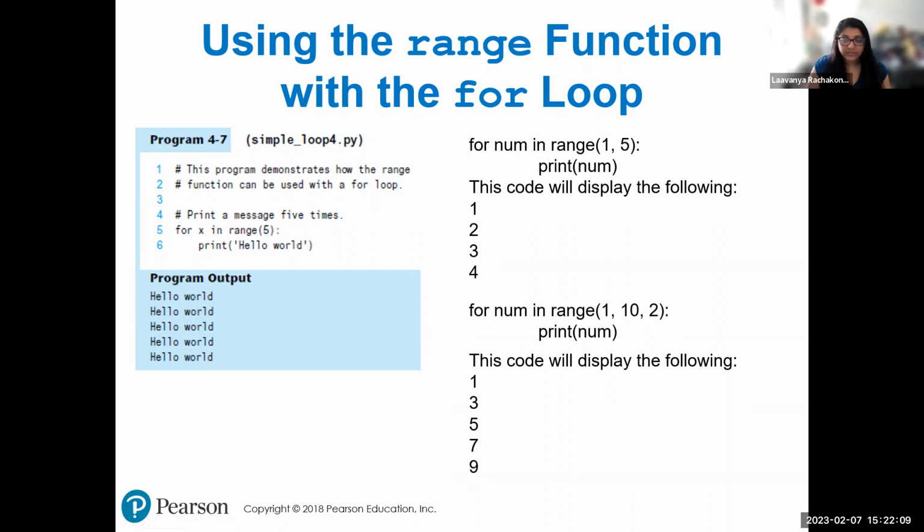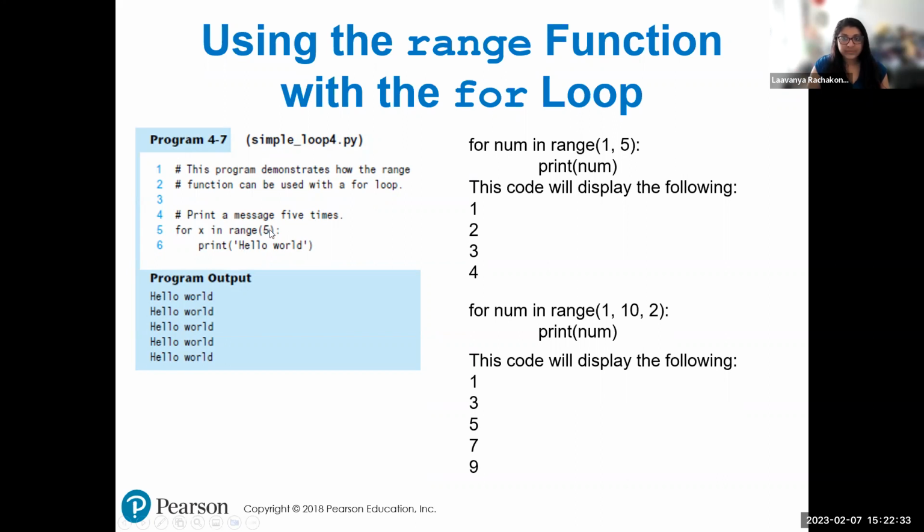Okay. So it will give you a sequence like square brackets, 0, 1, 2, 3, 4. 5 is not included. That is 5 numbers, and we want this to be printed 5 times. So that is the reason you are using range of 5 as your argument.